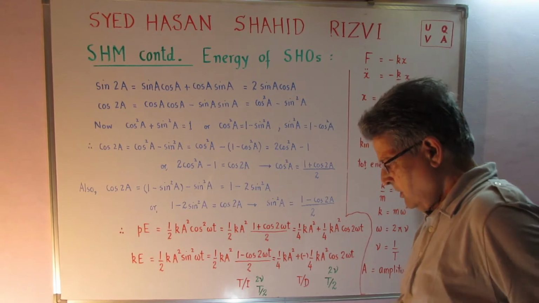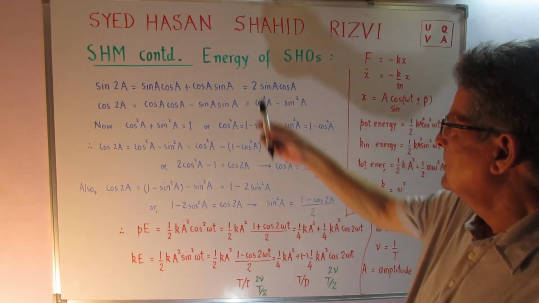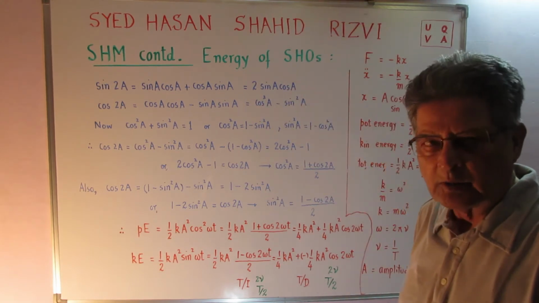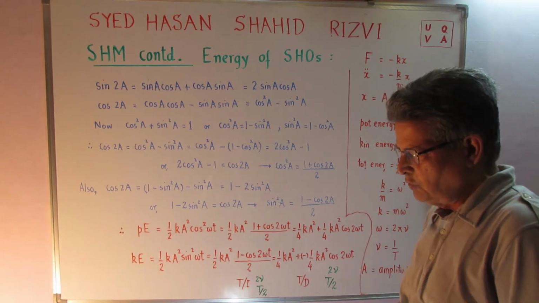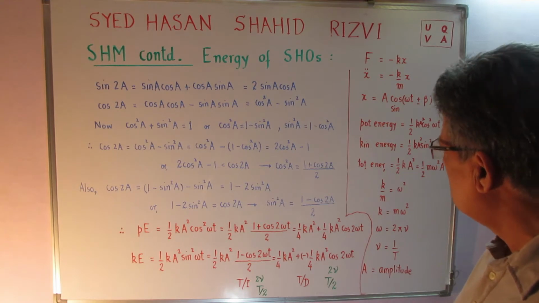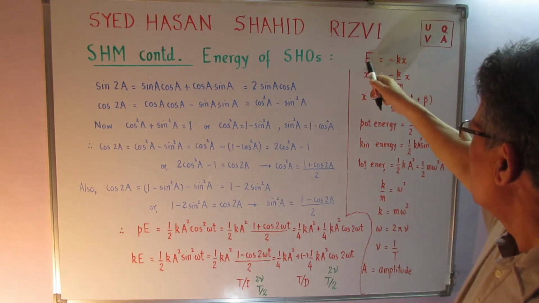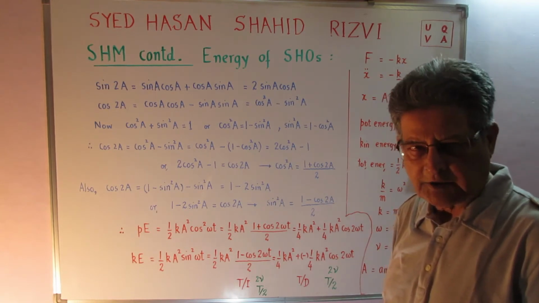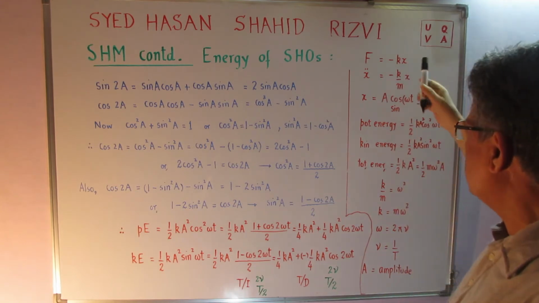And in the last lecture we did part of the study of the energy of simple harmonic oscillators. Just to bring you to the introduction, we had an equation of the kind F is equal to minus Kx, where K was the force constant, x is the displacement.